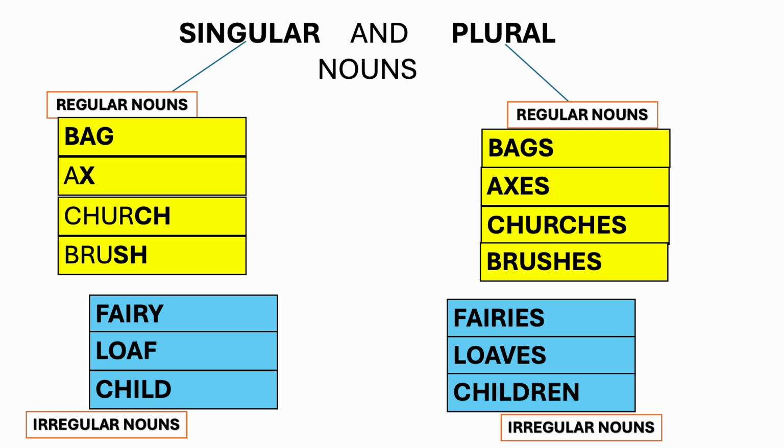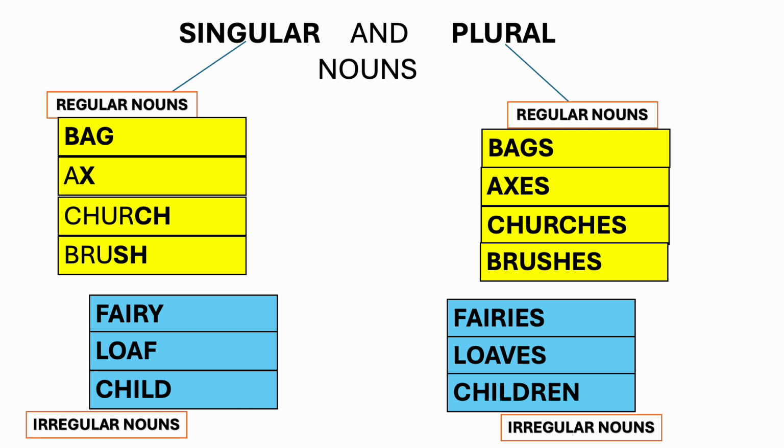Child, children. If you try to analyze how we form the plural of nouns in yellow shade, we just added s or es. So if the noun ends with x, ch, and sh, those are called regular nouns.